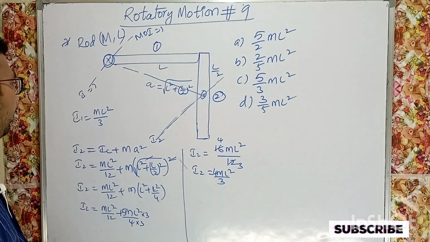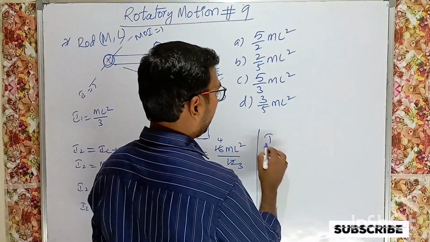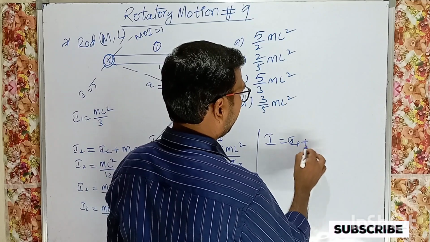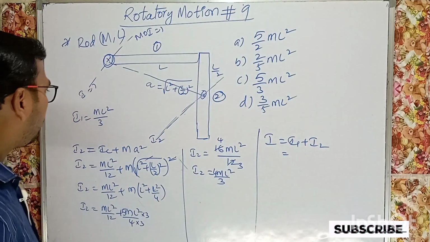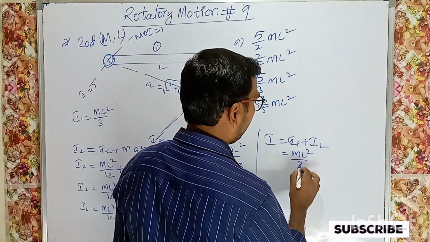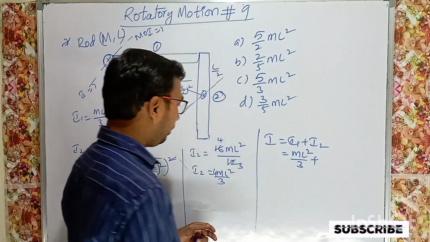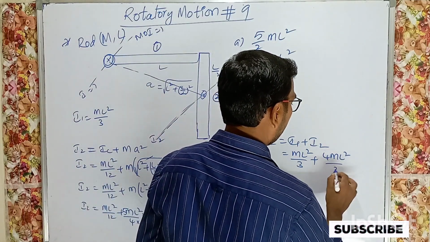So total moment of inertia I is equal to I1 plus I2. What about I1? M L square by 3, plus what about I2? 4 M L square by 3.